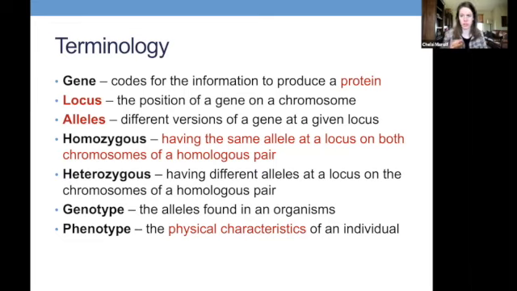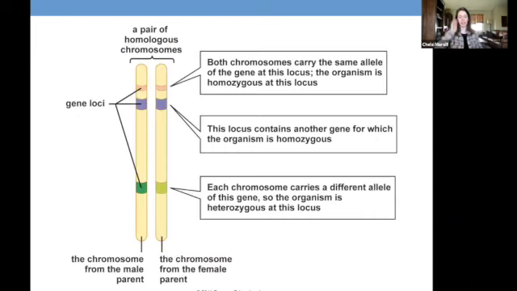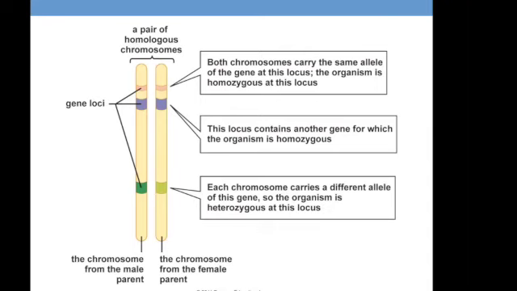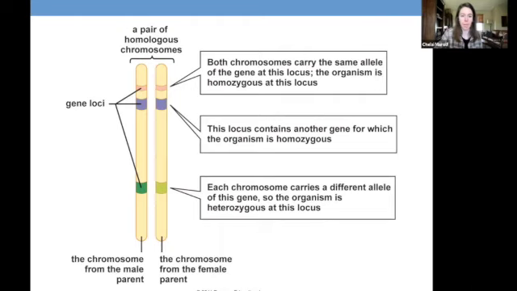And the locus is just where on the chromosome that allele is. So if we have homologous chromosomes, and you can imagine these being within the cell, as we go through the replication process, it's important that these are able to line up perfectly with each other. Part of that is because when you go through meiosis, you want to make sure that you're exchanging the proper bits with your neighbor chromosome.